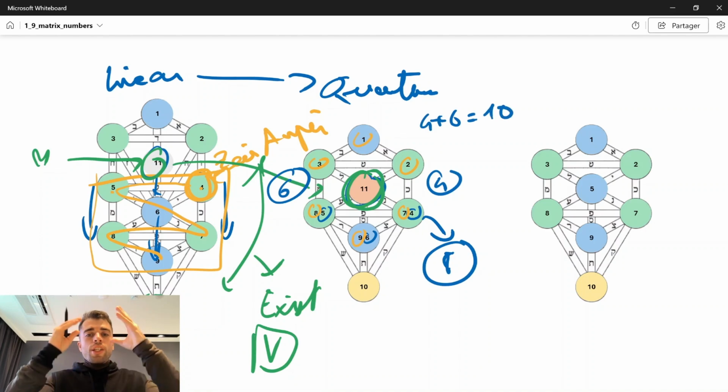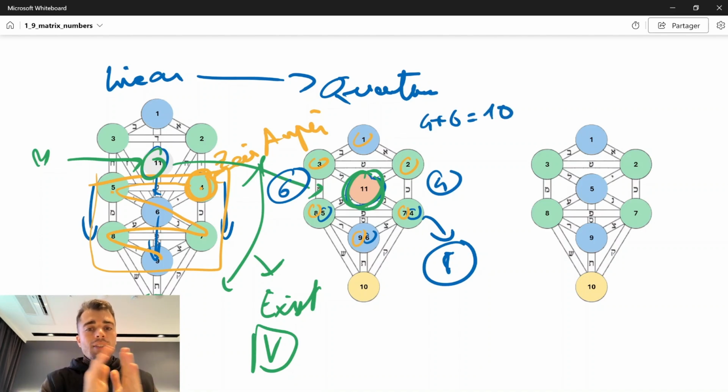So once again, because everything is quantum, don't try to understand it step by step. It just, poof, it happens like that. It's really the creation of something, like the creation of a child. It just happens, okay? It just gives birth to a new reality in a quantum way, in the present, instantaneous. It's not like linearity. So 4 plus 6 equals 10, and we have to not forget this 10 also.